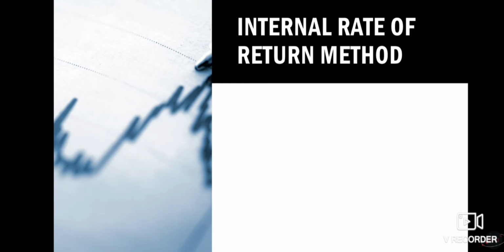Rather, you have to assume a rate of return, a cost of capital, a starting rate, and based on that, adjust whether to increase or decrease the percentage. In the previous session, if you watched the video, you would have understood how to do it, but we'll go through it once again and solve another problem.